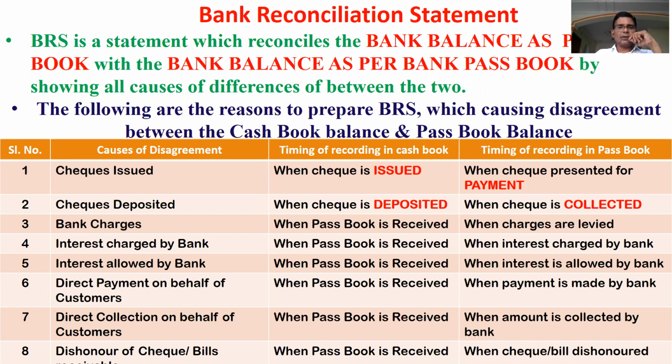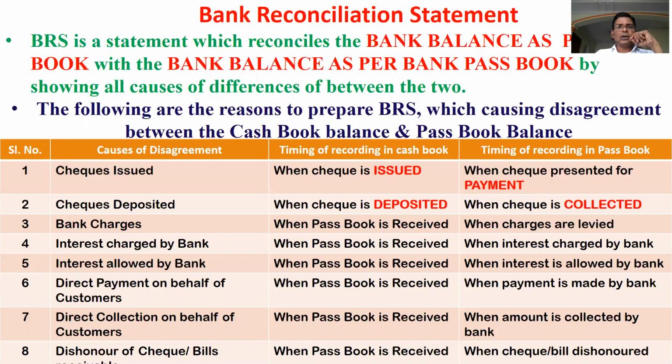Whenever the businessman opens a bank account, all the bank transactions are recorded, as you know very well, in the 3-column cash book, bank column. The 3-column cash book bank column is nothing but the account of the bank opened by the businessman. At the same time, bankers, after getting the account from the customer, record all the customer transactions in their journal and ledger.